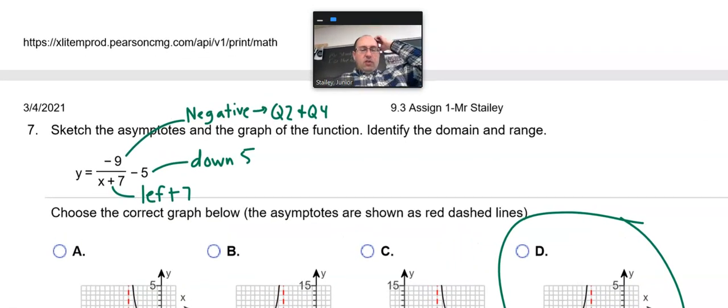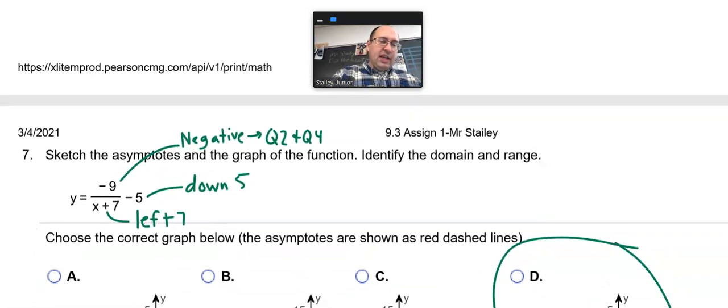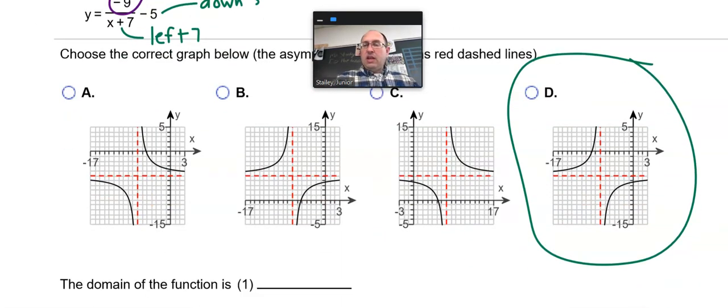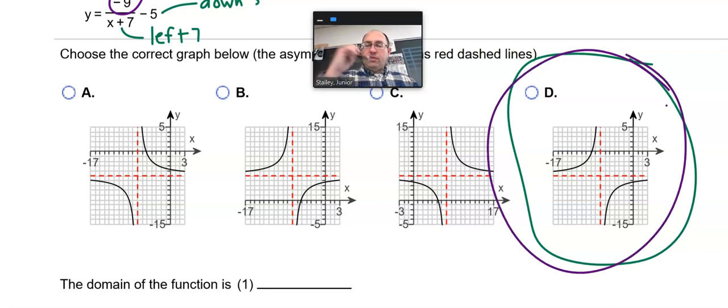Question 7. We moved left 7 and down 5. And because this is a negative number, that's going to switch us to quadrants 2 and 4. So left 7, down 5, switch us to quadrants 2 and 4.